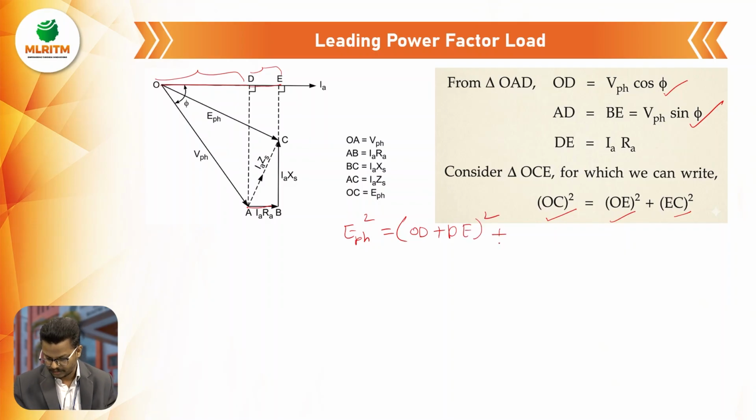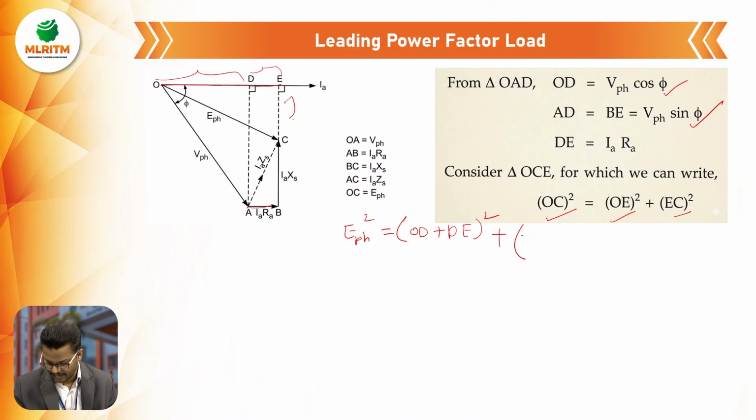Now EC, we don't know yet, so we have to find the EC. To find the EC, see here the BE line. We already know the BE line and we know the BC. In the total line BE, if you subtract the BC, then you will get the EC.